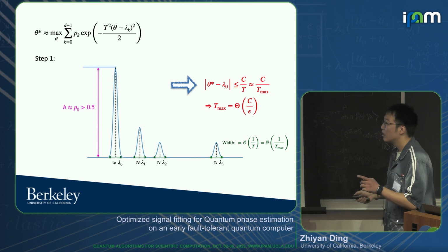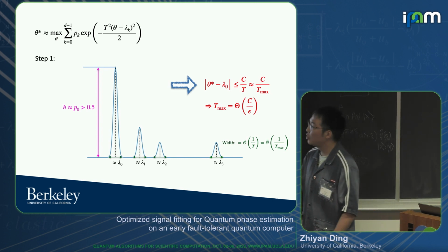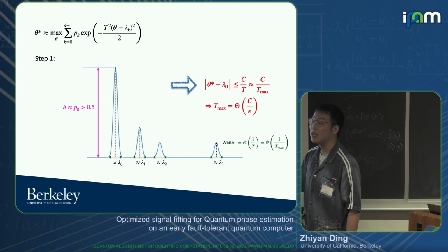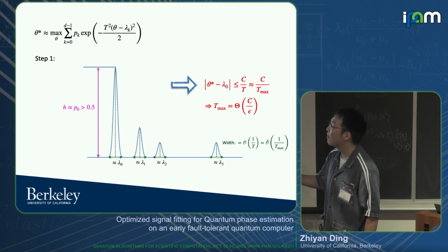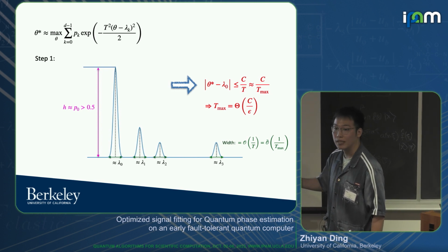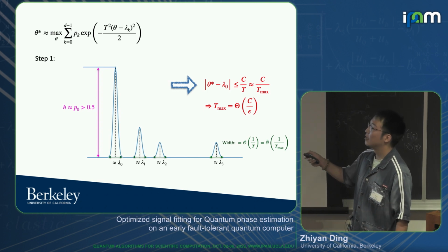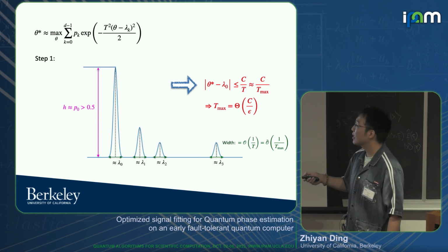Here the important thing is, since I chose my p0 to be larger than 0.5, we always have the largest peak around lambda 0. So if I maximize this loss function, my theta star will always be close to lambda 0.